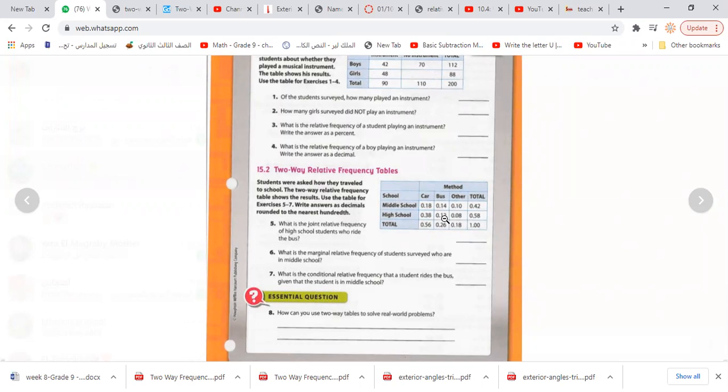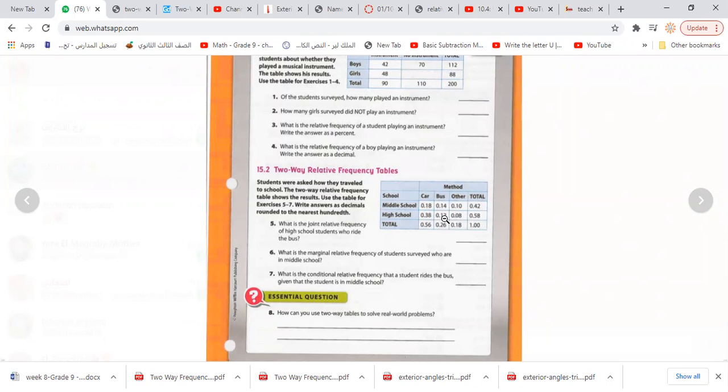What is the marginal relative frequency of the students surveyed who are in middle school? Yes, Reem. 0.42. Yes.